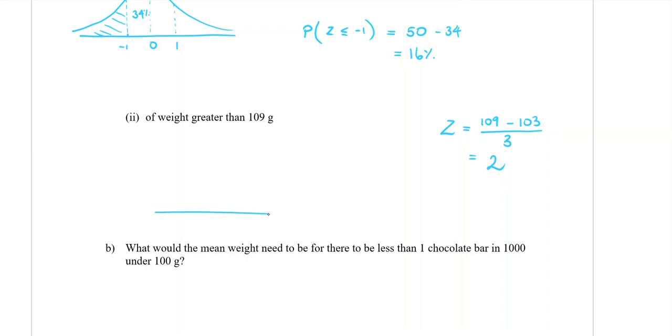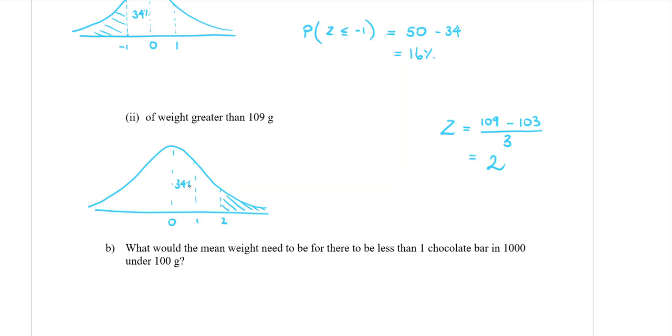So using a diagram to help visualize, 0 in the middle, we have 1 and 2, and we want anything greater than 2, because that's greater than my 109 grams. What is that going to be as a percentage? Well, that one's going to be 34%. We knew that from before.